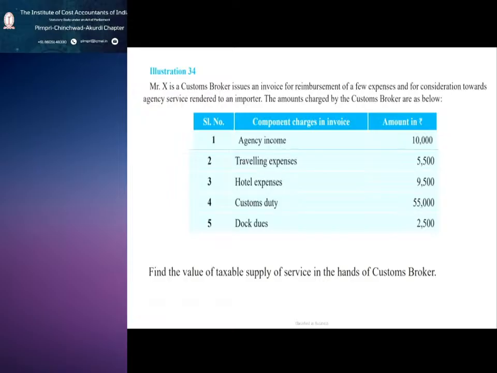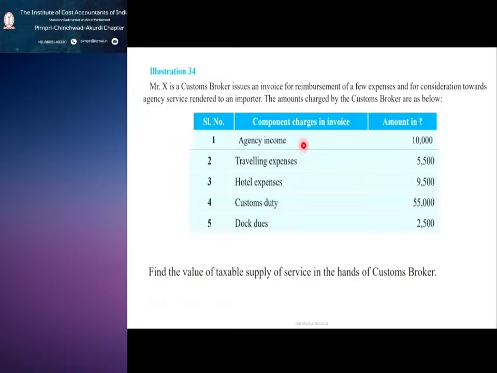Here Mr. X, a customs broker, issues an invoice for reimbursement of a few expenses and for consideration towards agency service rendered to an importer. The amounts charged by the customs broker are as follows. You can see the expenses incurred by the customs broker. He has agency income, so he is doing service on behalf of me and you need to pay some income to him.